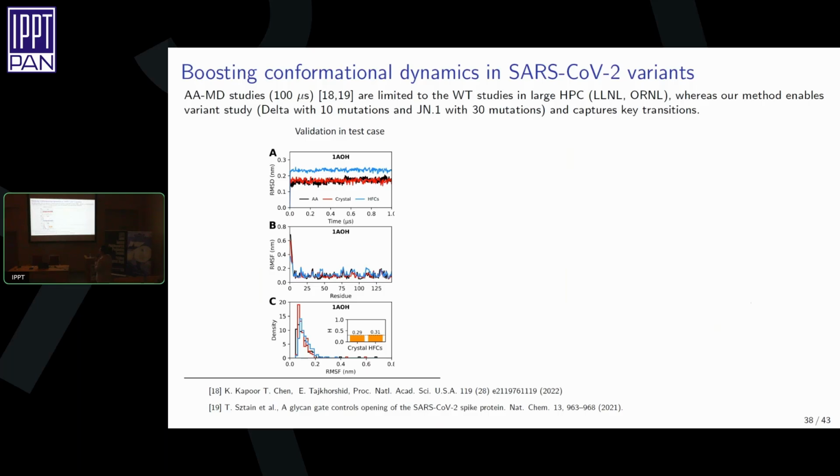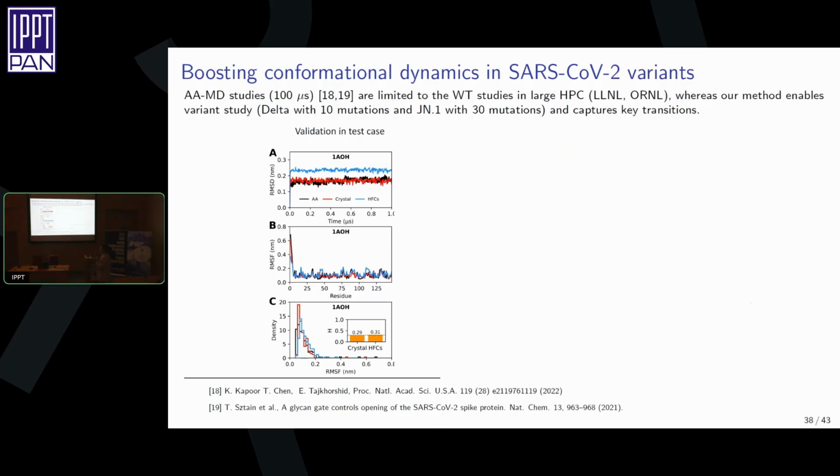For instance, in the case of SARS-CoV-2, it has been done by the Livermore and Oak Ridge National Labs. Those are pretty large facilities where they can do it for one variant. They can run for hundreds of microseconds because those simulations are computationally demanding, right?